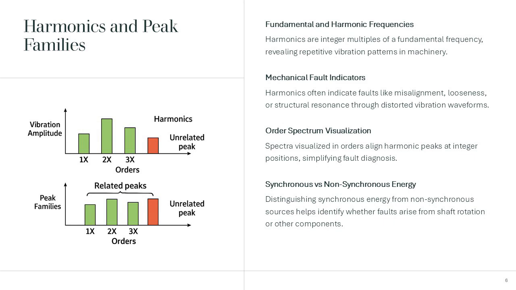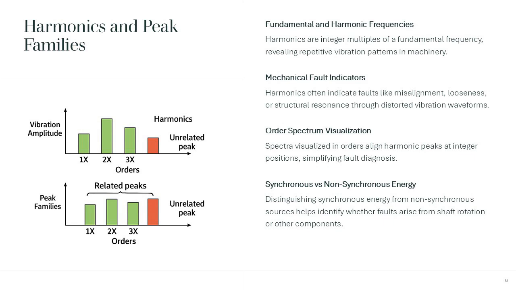For instance, if the fundamental peak is at 1x, harmonics will appear at 2x, 3x, and so on. These harmonic families indicate repetitive but non-sinusoidal vibration patterns, which commonly occur in conditions such as misalignment, looseness, or structural resonance. The presence of harmonics suggests that the vibration waveform is distorted, and the severity of the fault often correlates with the number and amplitude of these harmonics.